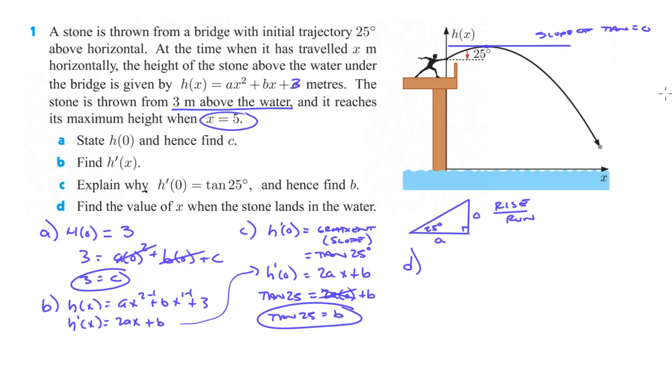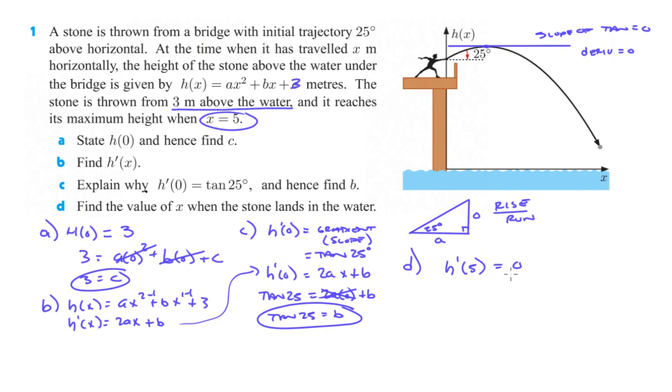So that means, remember, slope of the tangent is the same thing as derivative, so the derivative equals 0 at the max height. Okay? So we know the derivative at 5, our slope, is going to equal 0.